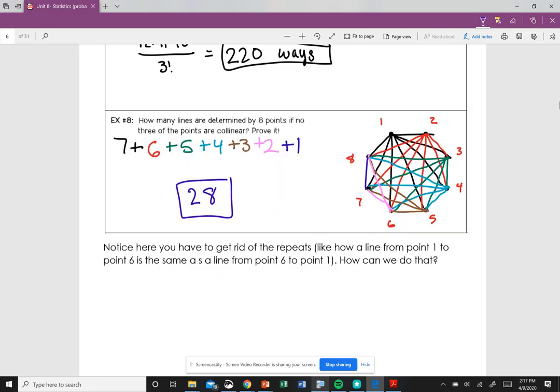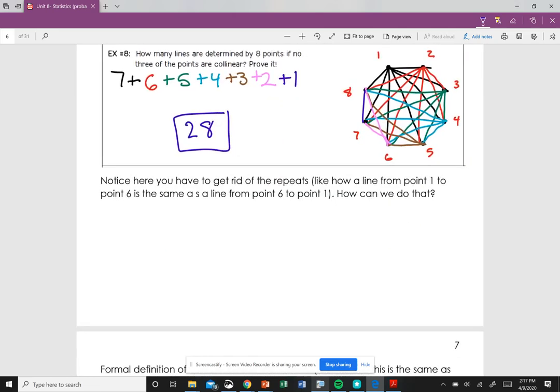Good points. All right, so notice that you have to get rid of the repeats, like how a line from point 1 to point 6 is the same as a line from point 6 to point 1. How can we do that? We divide by the number of objects that can repeat.